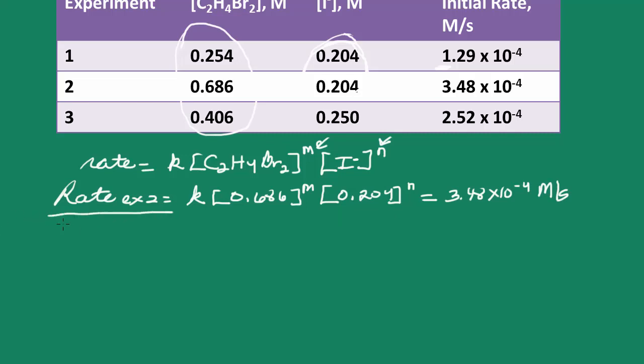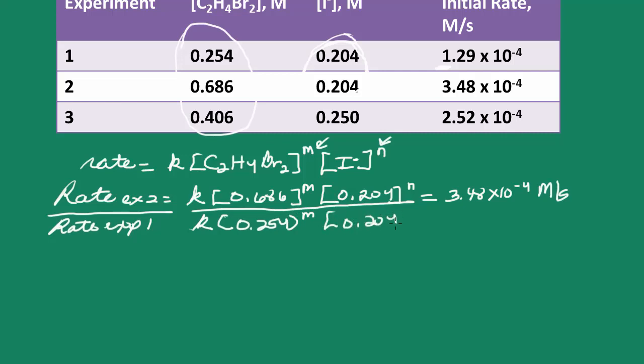Now I'll divide that by the rate for experiment 1. So that would be k times 0.254 again to the m power, times 0.204 to the n power, equal to 1.29 times 10 to the negative 4 molar per second.